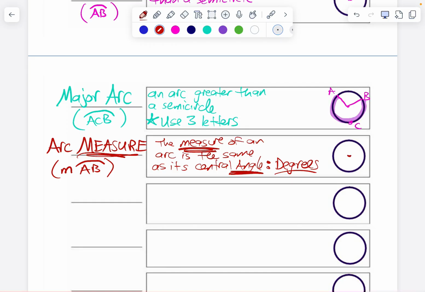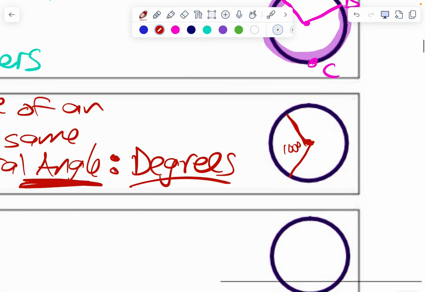It's weird. Let's finish this, then we'll take our break. It's weird because when we talk about something on an arc, we think of it as length, but it's not. It's degrees, the measure of an arc.